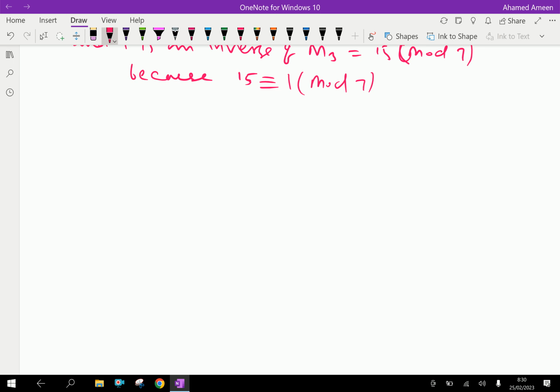Therefore, the solution to the system can be written as x equals a1 M1 y1 plus a2 M2 y2 plus a3 M3 y3.